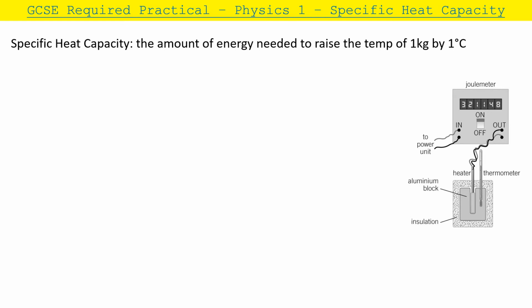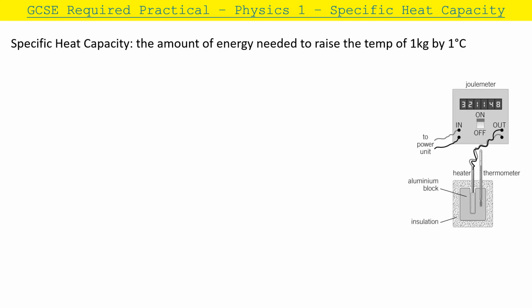We've got a thermometer that's going to be measuring our rise of temperature, and we've got an aluminium block, and that block can be of any material. So the odds are that in an exam they give you a different material, but it's essentially doing the same thing as the aluminium block. And then it's all covered in a big layer of insulation to keep any heat that is given to the heater, to the metal block, retained in that space, and none of it is lost to its environment.